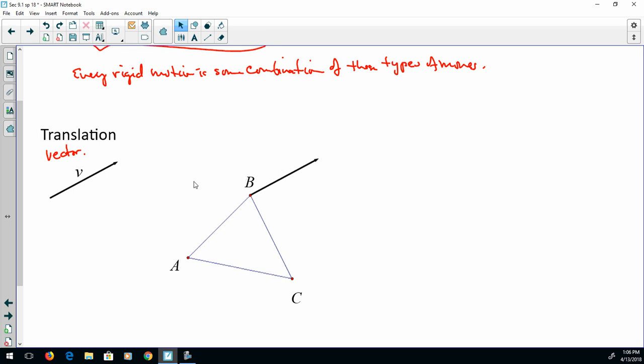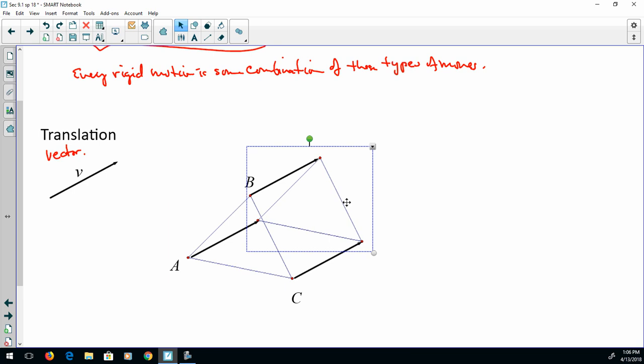Okay, well, actually, I'm going to draw this vector in here three different places, because if we know where the three vertices of a triangle go, then we know where the rest of the triangle goes. So if we use vector V to translate triangle ABC, then what we get is this second triangle here, where everything has been shifted this amount in this direction, and we generally label the vertices.